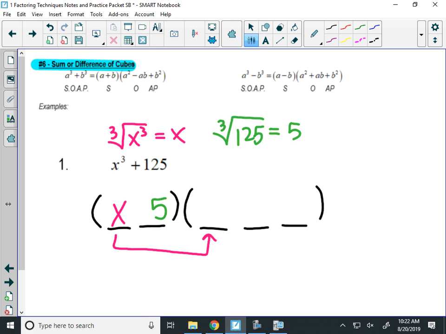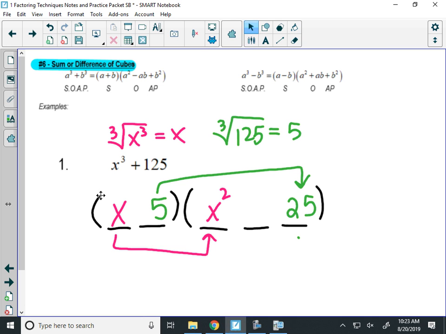What's the square of x? X squared. To fill in the last blank of the trinomial, you square the 5, which is 25. Now to find the middle term, does anyone remember?